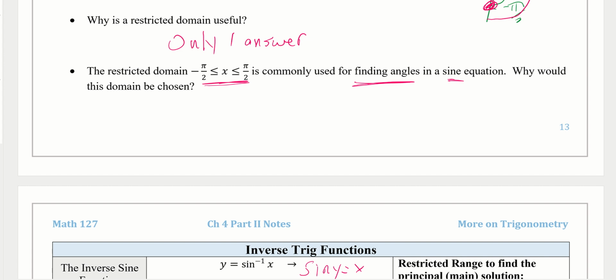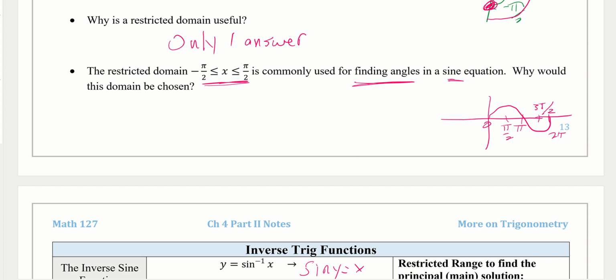The reason we're looking at this is, if I draw a sine function like that, this is 0, this is pi, and this is 2 pi. This is pi over 2, and this is 3 pi over 2.